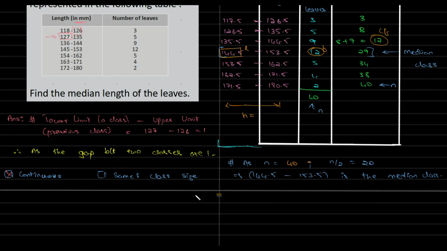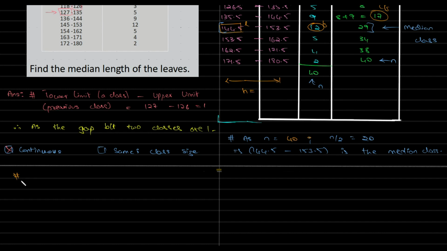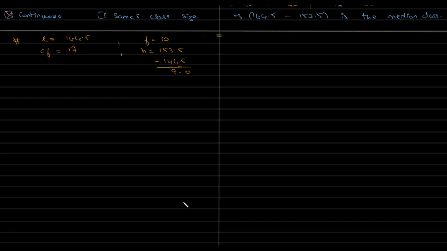So we just have to write the formula and substitute. L is equal to 144.5. f is 12. CF is 17, and h happens to be 153.5 minus 144.5, which is 9.0.